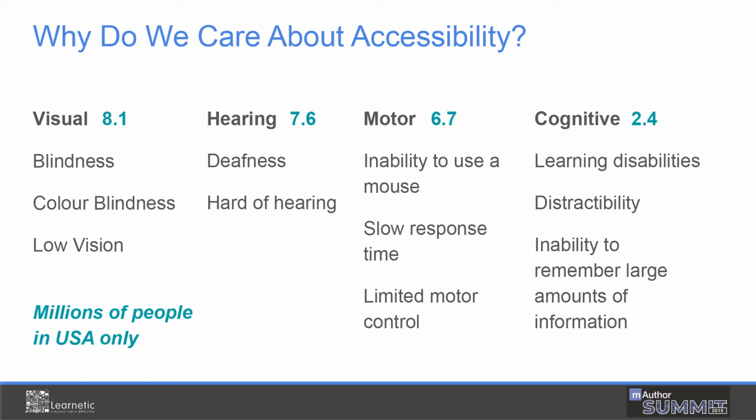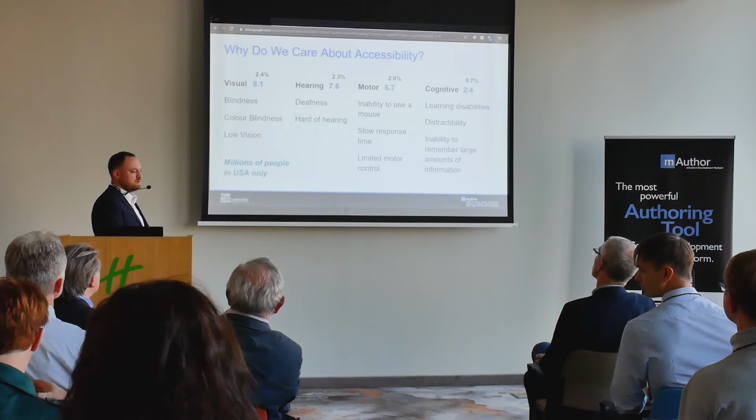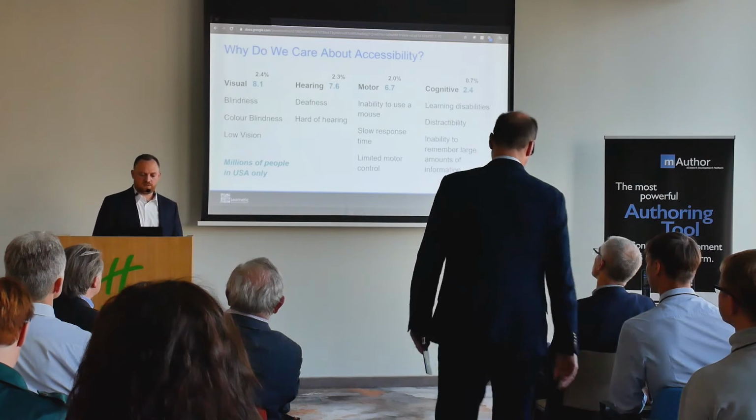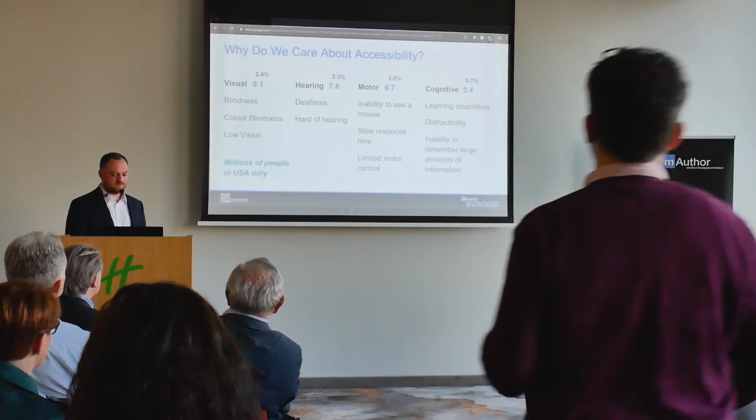If we look at the numbers, those values are in millions of people, and this data is from the United States alone. If we look at the percentage of the overall population, we can see that there are a lot of people with those disabilities. So we shouldn't leave them behind.